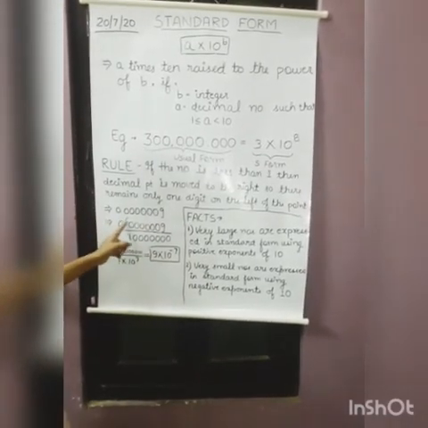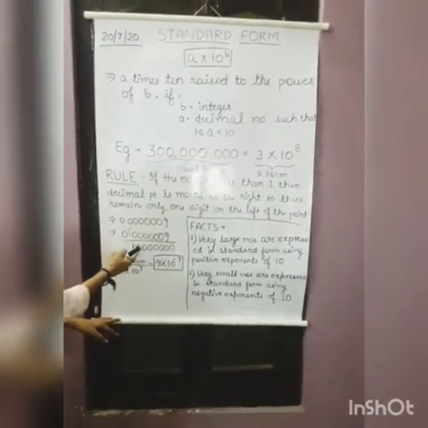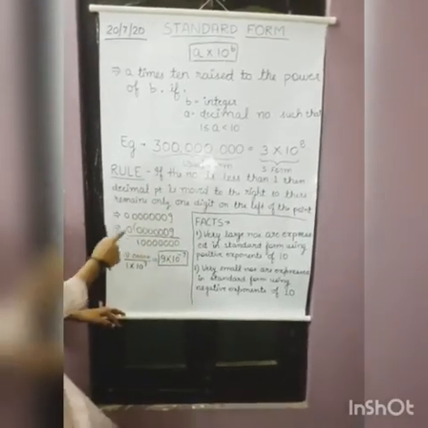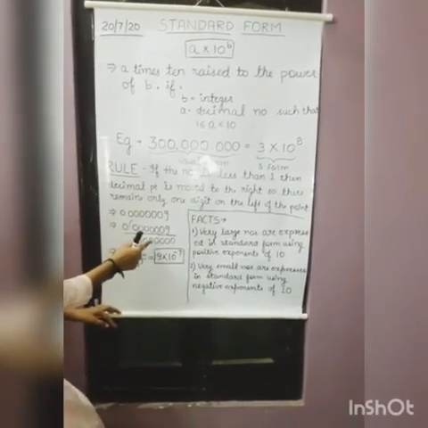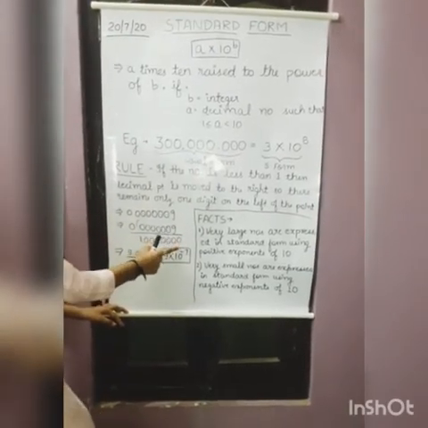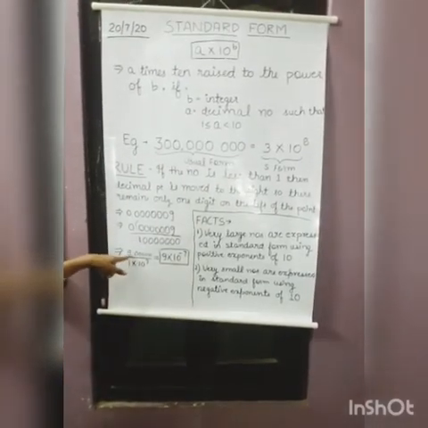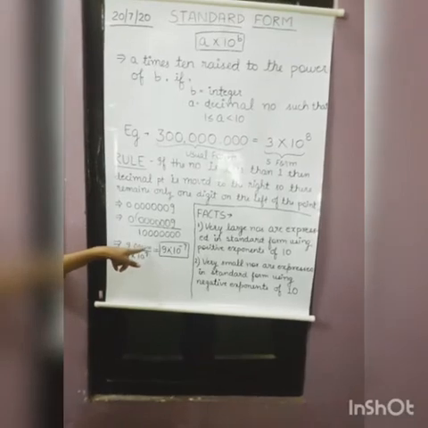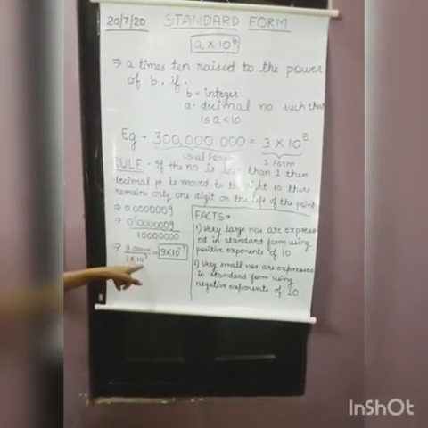I'm moving the point 7 digits to the right hand side, so I'll add 7 zeros in the denominator. I have added 1 here after removing the point, then 7 zeros in the denominator. Now I got 9.000000 upon 1 into 10 raised to the power 7.